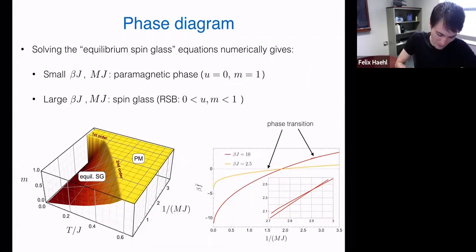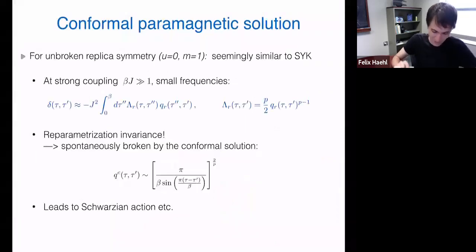So what I plotted here is actually the value of m, this quantity that we'll have to talk more about. That tells you how large the blocks are in this RSB ansatz. The details here are not so important. Let me just move on.